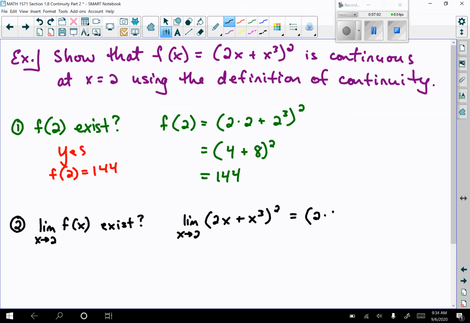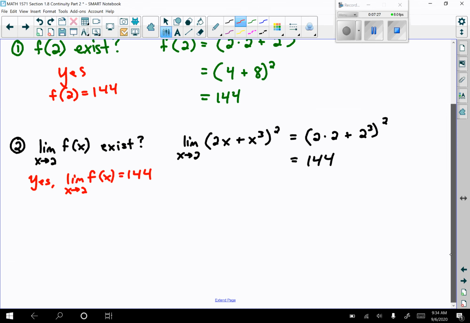So this could just become (2 times 2 plus 2 cubed) squared. No need to show from the left or from the right. We only do that if direct substitution is not possible. So again, this is going to give us (4 plus 8) squared, which will give us 144. So yes, the limit of f of x as x approaches 2 is equal to 144.